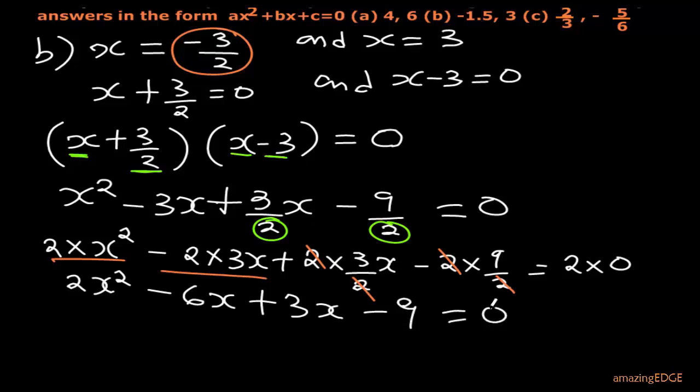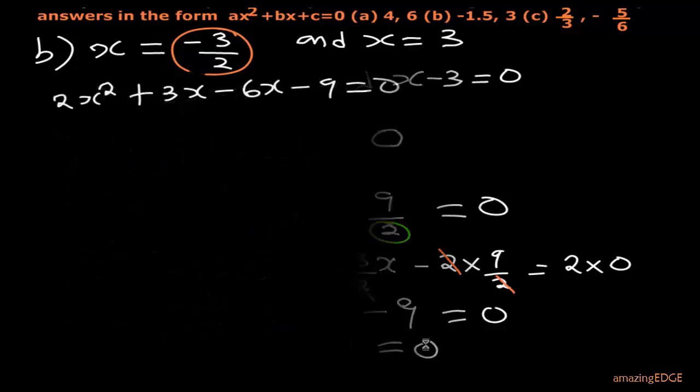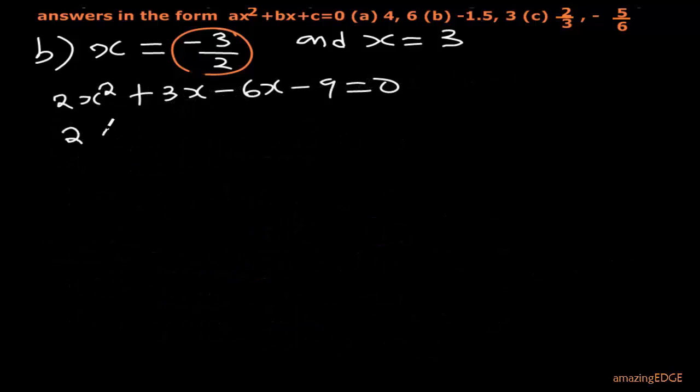So we collect like terms. Here, we still have our 2x squared. Then here you have minus 6x plus 3x. To understand it clearly, you can start with the positive value. So you can write this as plus 3x minus 6x, minus 9 equals 0. So here we still have our 2x squared, then plus 3x minus 6x.